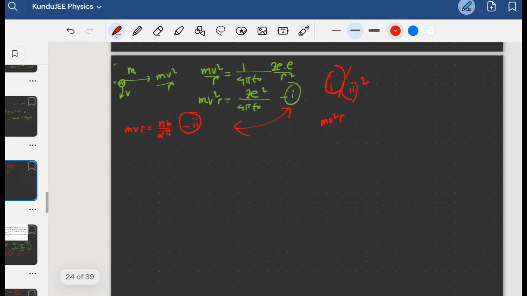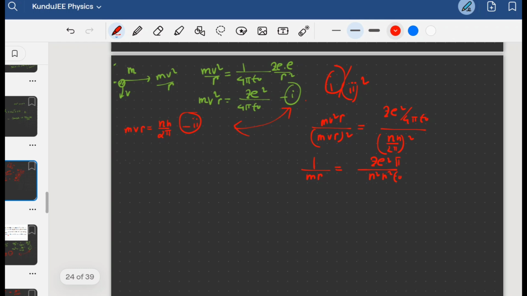So if we do 1 by 2 square, then ultimately I'm getting mv square r by mvr square is equal to z square by 4 pi epsilon naught by nh by 2 pi square. So on the left hand side I am getting 1 by mr, that is equal to z square pi by n square h square epsilon naught.